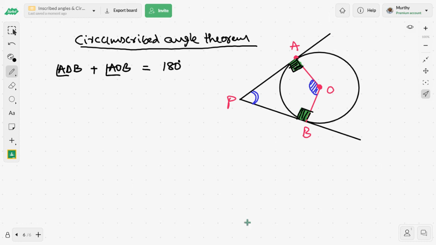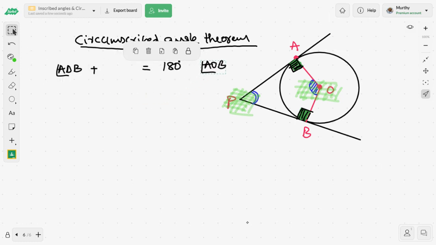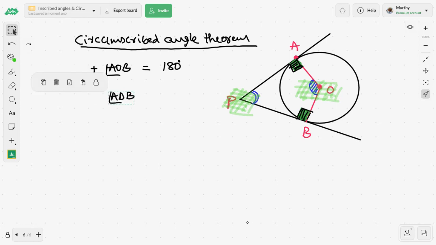Again, I'm repeating: the measure of angle P plus the measure of angle O, these two together, is 180 degrees. It's very simple to remember: when you take anything to the other side, it subtracts. Let me give a quick example.